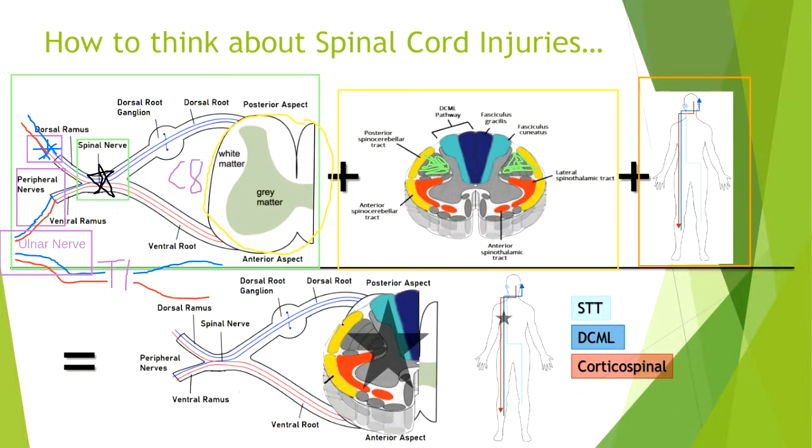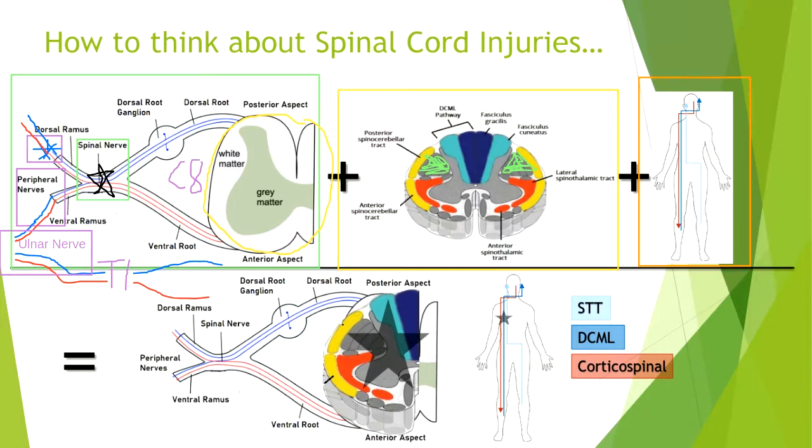So it's going to be a peripheral nerve injury, and the deficits and symptoms will only be in the C8 dermatome, and it will be unilateral. You could also say it will be ipsilateral because the symptoms will appear on the same side as the lesion. So I hope that makes sense for you guys.